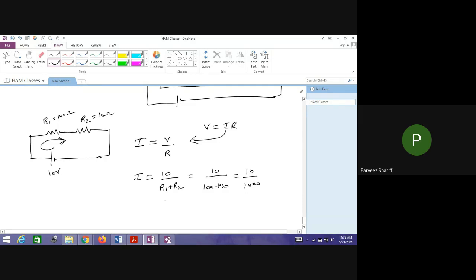So when you take 10 by 1000, we will get a current of 0.01 amperes. Remember, the unit of current is amperes.